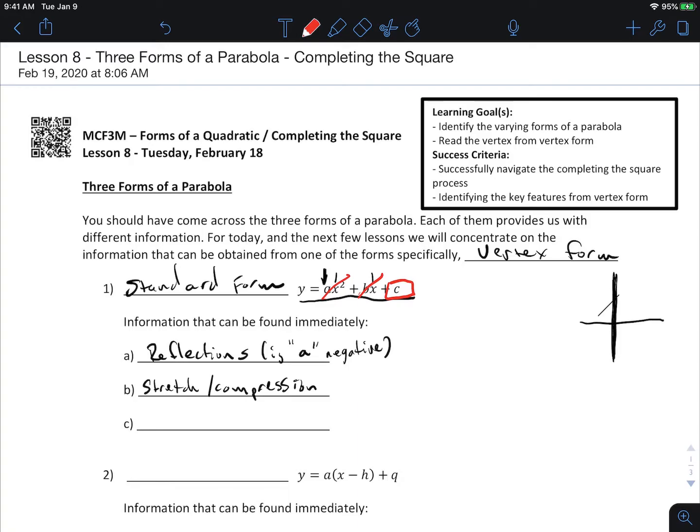So the c value is the y-intercept. So I can see where the graph crosses the y-axis based on the c value. Reflections is the a value, stretch or compression is the a value as well, and y-intercept is c, for standard form.